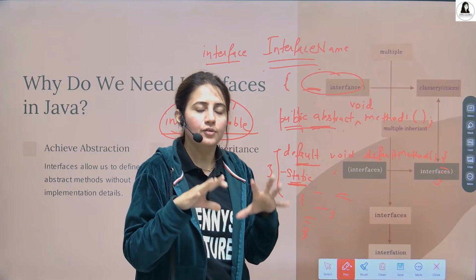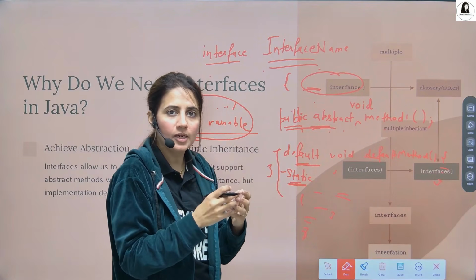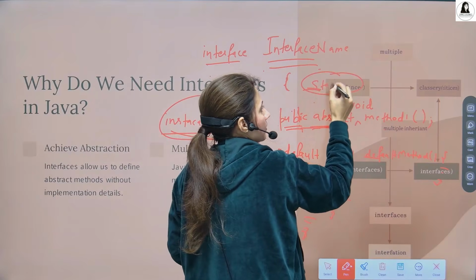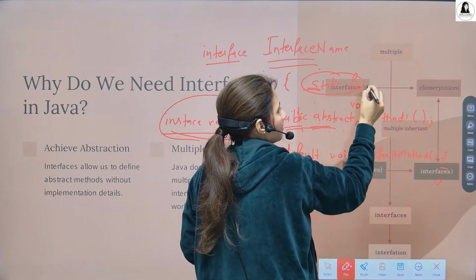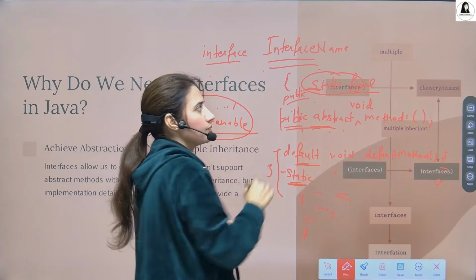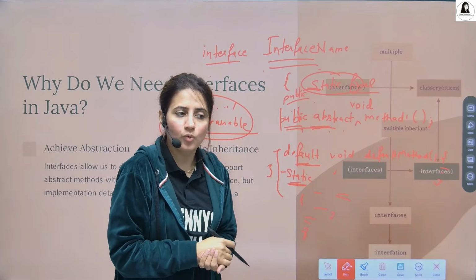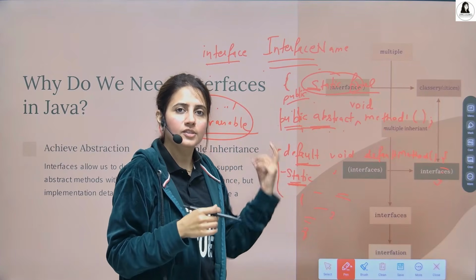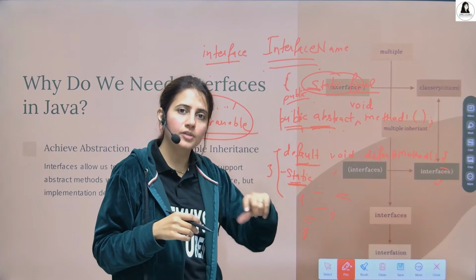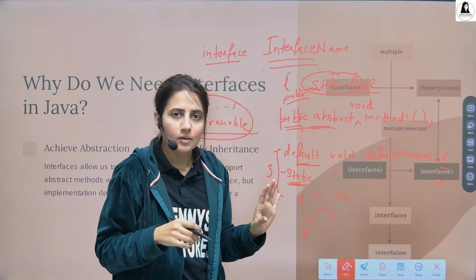If you need a value or a variable in an interface, then that variable can be static and final, like a constant, and that should be public. That is allowed. But interfaces do not store state. So that is one difference. And interfaces are non instantiable. We cannot create an object of an interface directly, right?